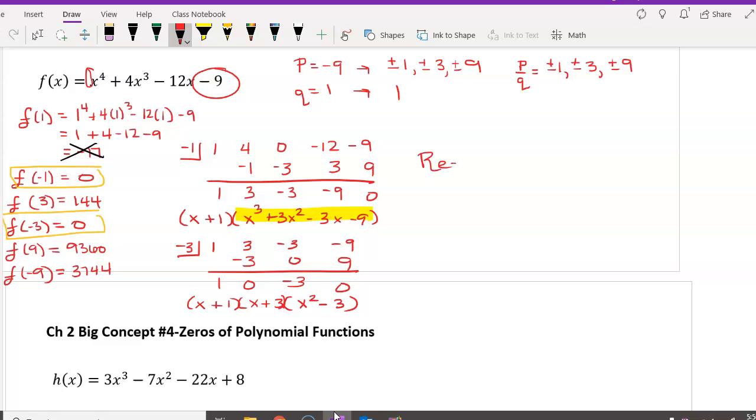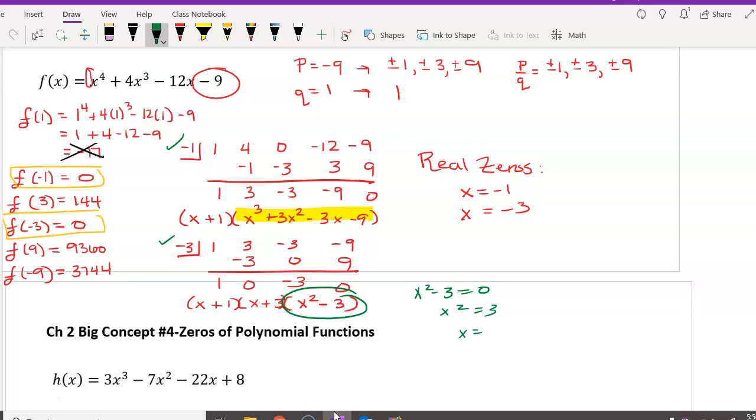All right, so now what are my possible real zeros? Your real zeros are x equals negative 1, x equals negative 3, and those were the easy ones because we literally just checked those. But now we have to take this expression and set it equal to 0.